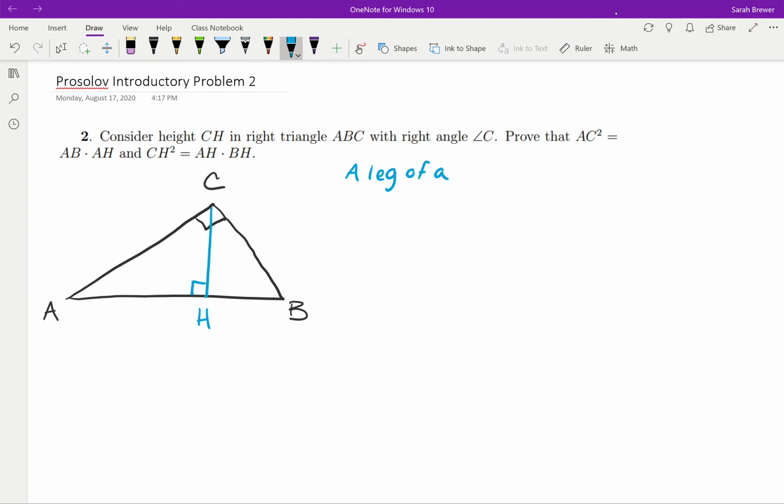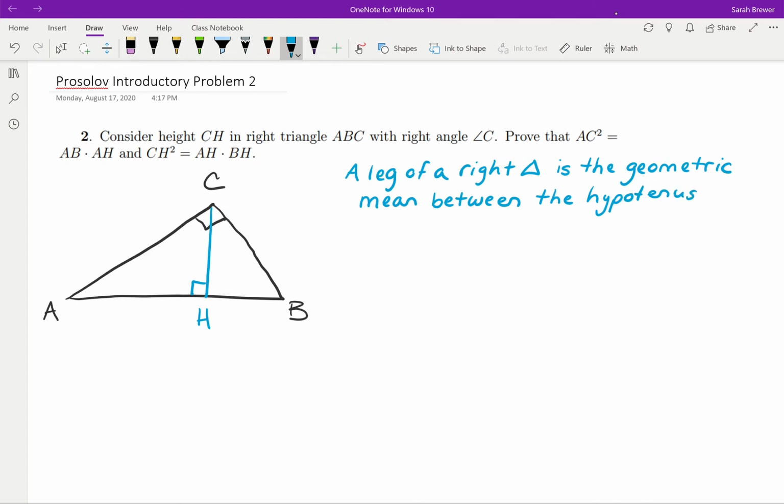of a right triangle is the geometric mean between the hypotenuse and its projection onto the hypotenuse.